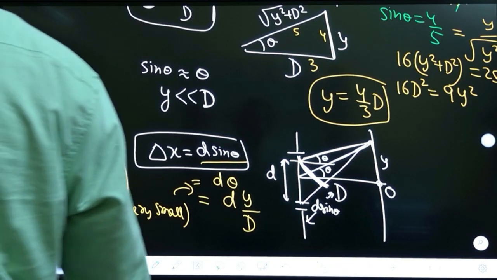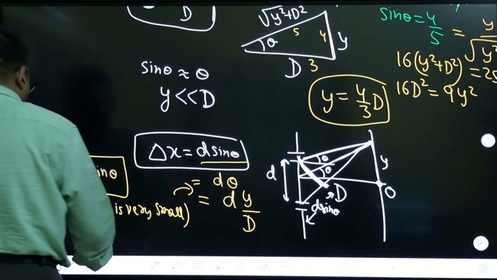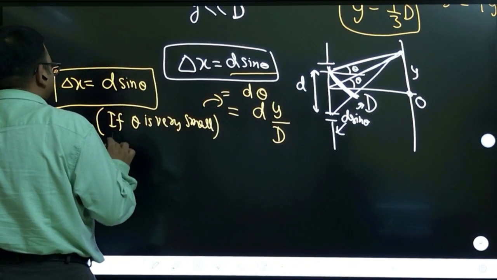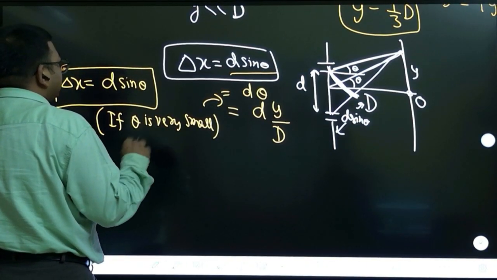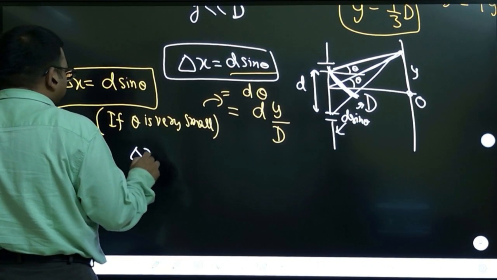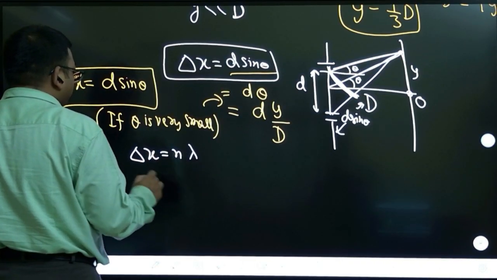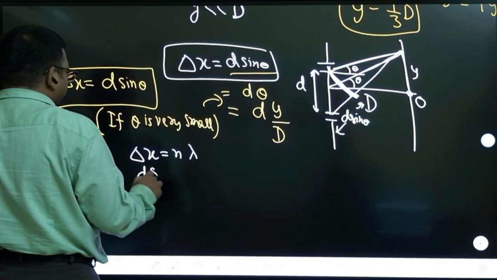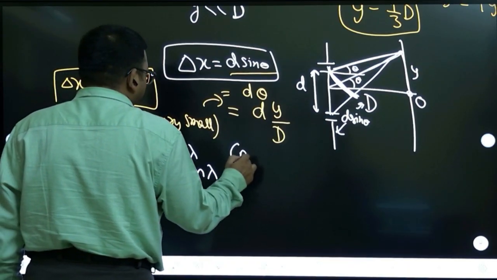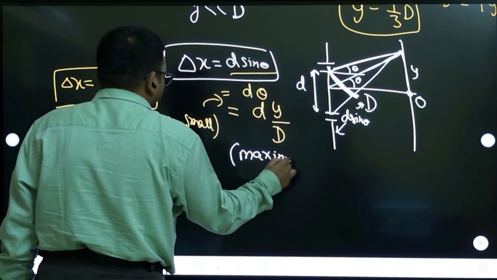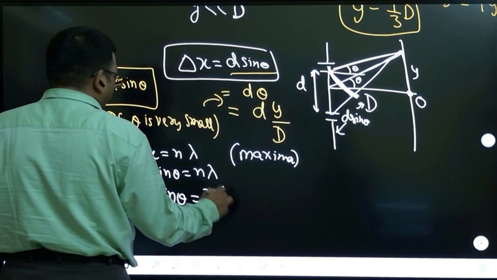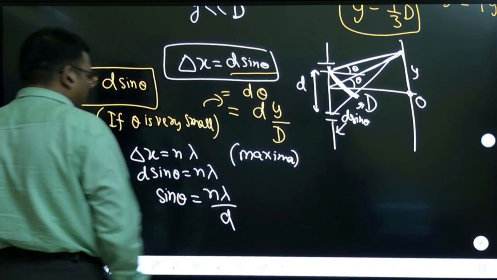Yes. See, I think now you need to first of all solve. Suppose you take, for example, the calculation of sine theta. Suppose delta x is n lambda, and if I put delta x as d sine theta equal to n lambda for the maxima condition, then sin theta will come as n lambda by small d. Okay.